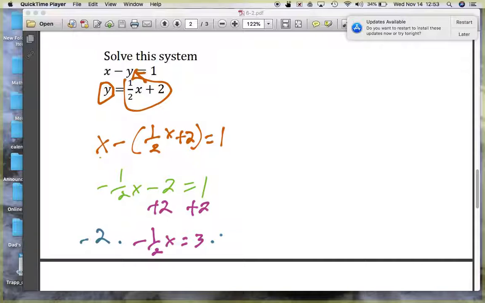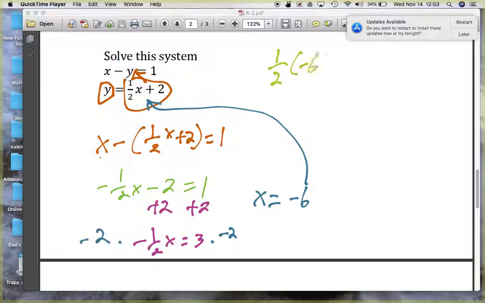Multiply by negative 2. You find that x equals negative 6. Once again, I'm taking that, putting it right back in there. Half of negative 6 plus 2. Well, last time I checked, half of negative 6 is negative 3. So I get y equals negative 1, so I have my point.